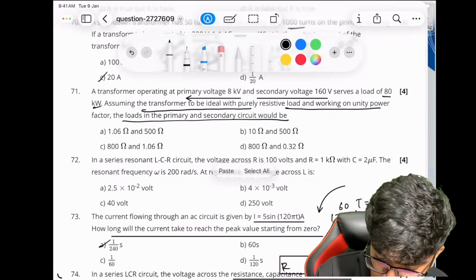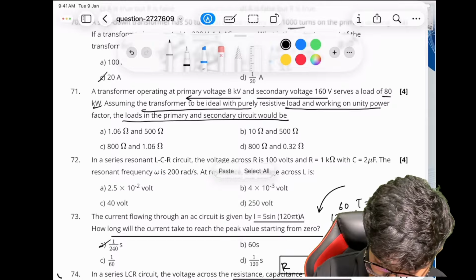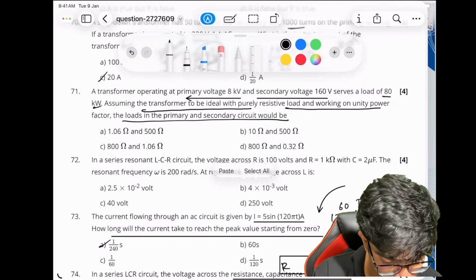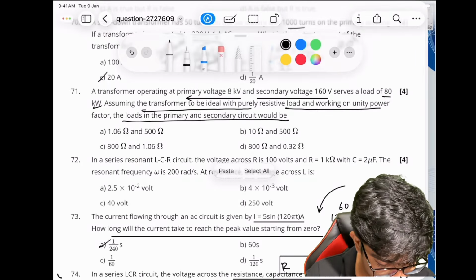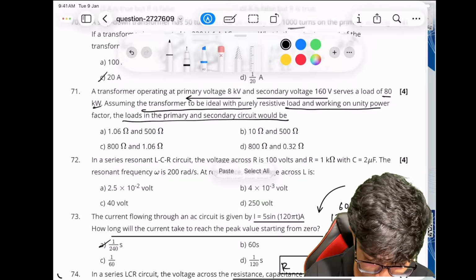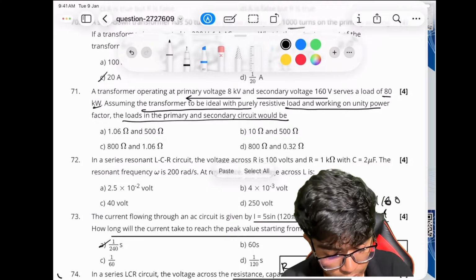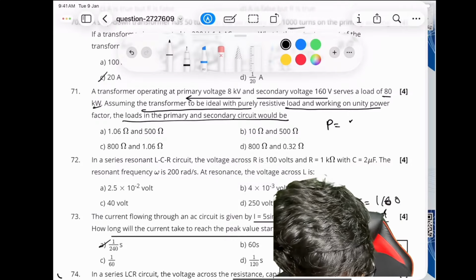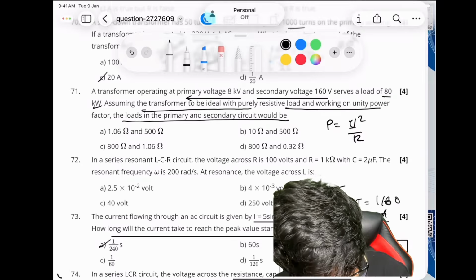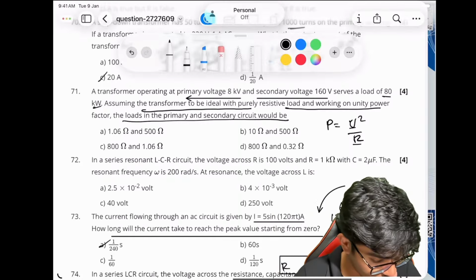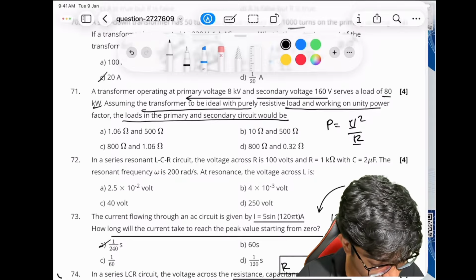V square by R is equal to P. Since power is constant, V square is equal to PR. I'll write it down here: power is equal to V square divided by R. In the ratio, V square and R are always together, the same ratio.